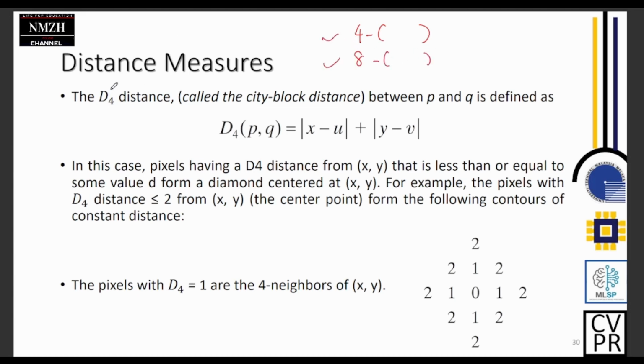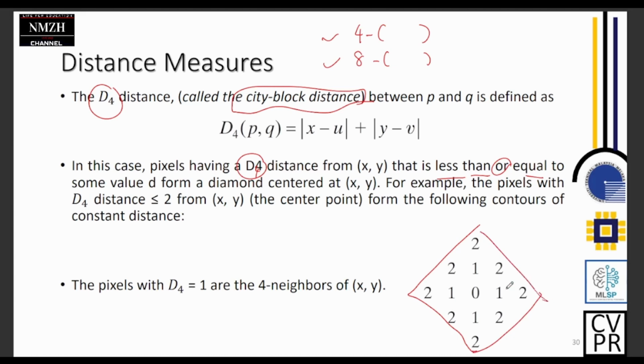Here we also have the D4 distance, where D indicates the distance using the 4, the city block distance. In this case, pixels having a D4 distance from X less than or equal to some value D form a diamond. So this one is a diamond.